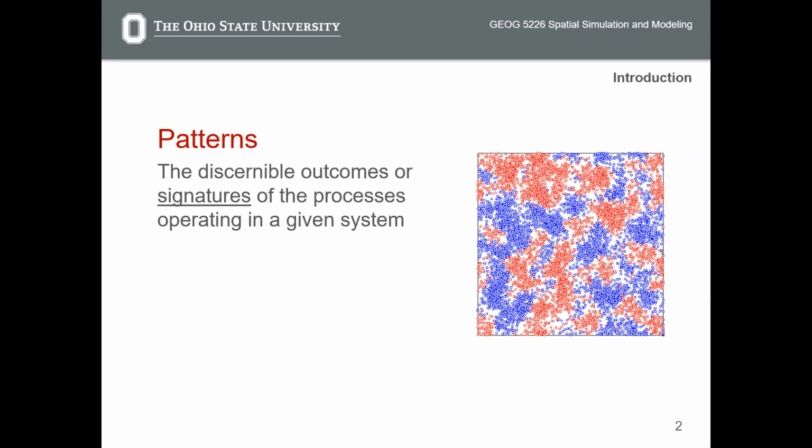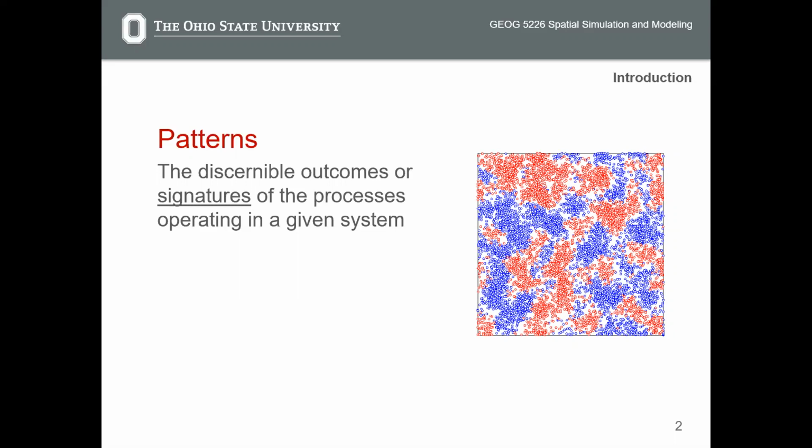Meanwhile, since there are clusters, there is aggregation, there is also simultaneously segregation, right? Red dots and blue dots, in general, they are not mixed together, right? So here is an example of spatial pattern.